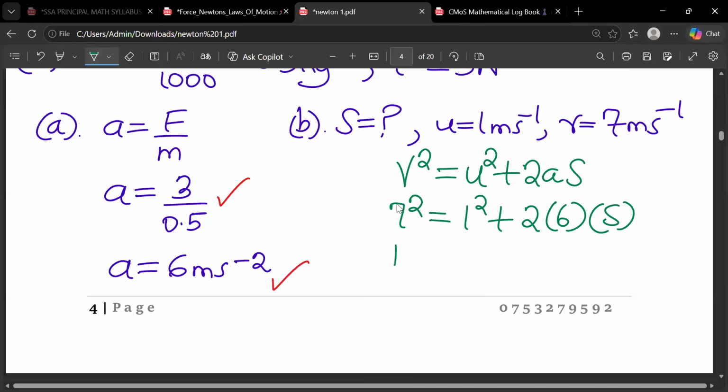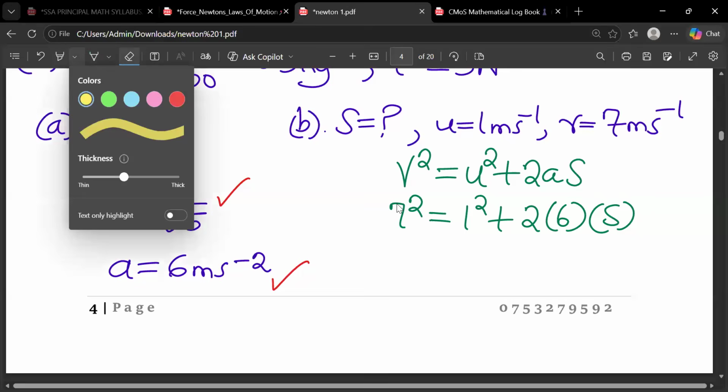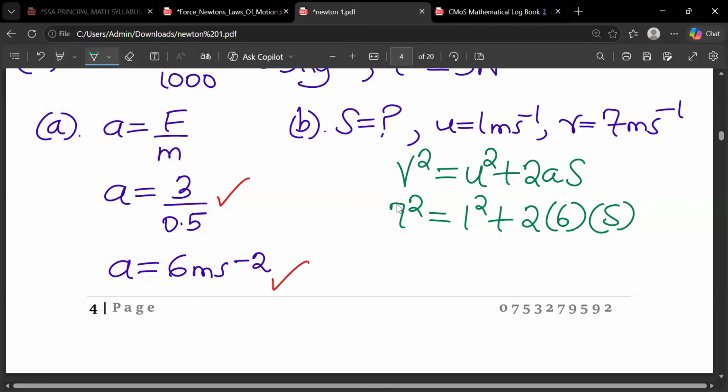Then this is 49, sorry, this is 49, and then this side I have 1, this is plus, this is 12S. So according to me, S is 4.